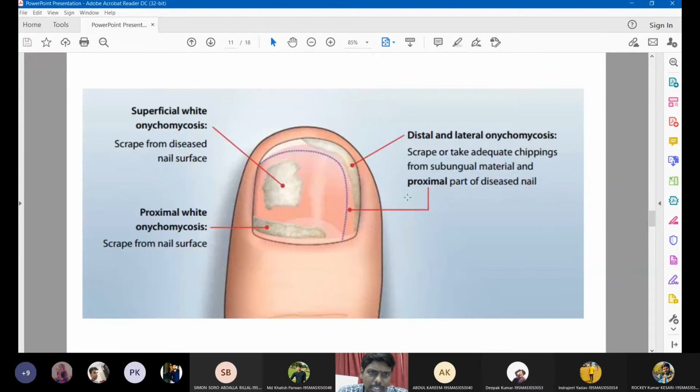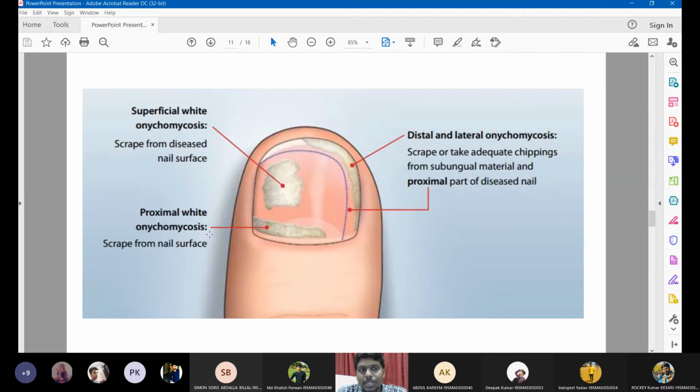Okay, so these are the typical sites of nail fungal infection. You can see the infection at the proximal white, on the surface, or on the distal. Depending upon the area, they have been named. By the way, nail fungal infection is called onychomycosis.